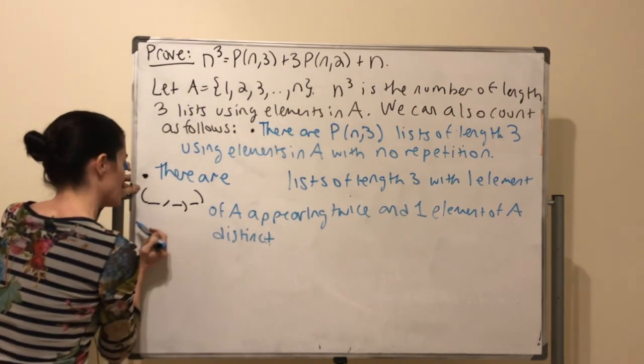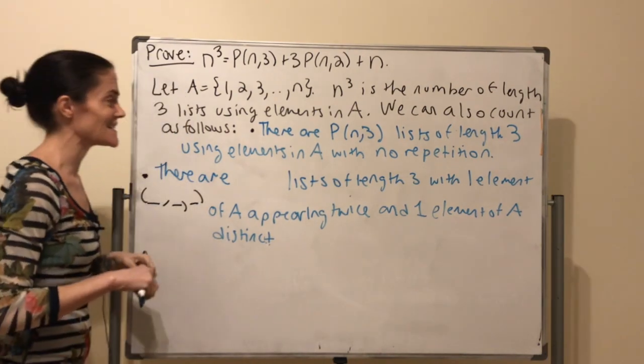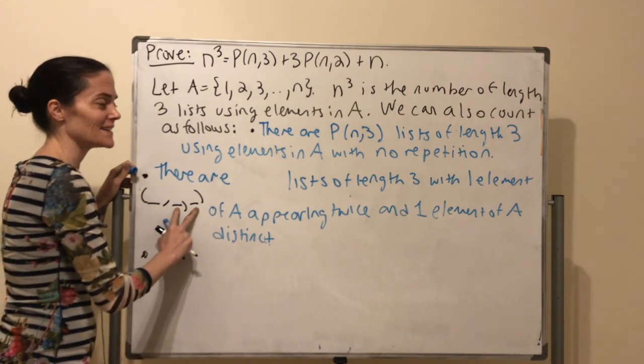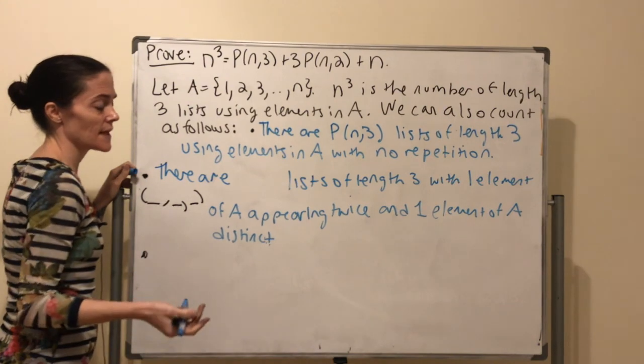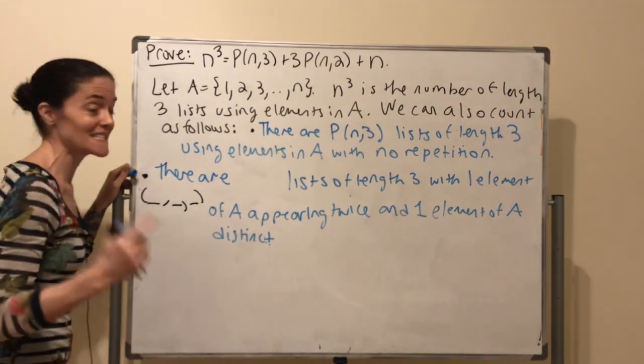Now, before I even count that, let's think about all the possibilities. The first possibility is we have no repetition. Then we have where one element appears twice and one is different. And the final possibility is that all three are the same.